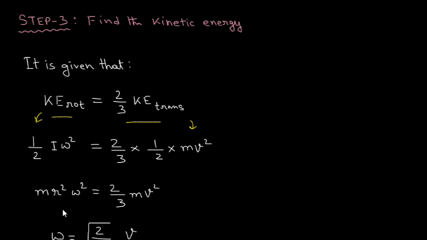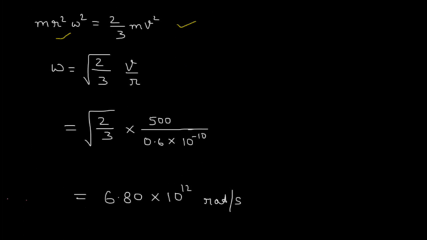So on the left hand side it is m r square omega square, and on the right hand side upon solving we get 2 by 3 mv square. So omega will be equal to root 2 by 3 times v by r. Putting the value of v and r in this equation, we get omega is equal to 6.8 multiplied by 10 to the power 12 radians per second, and this is the answer.